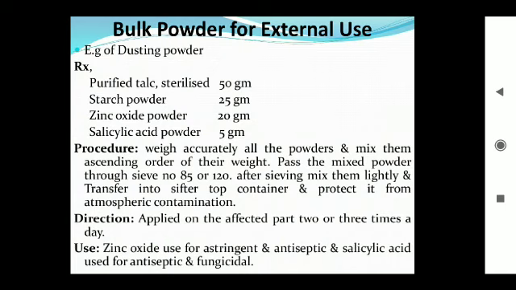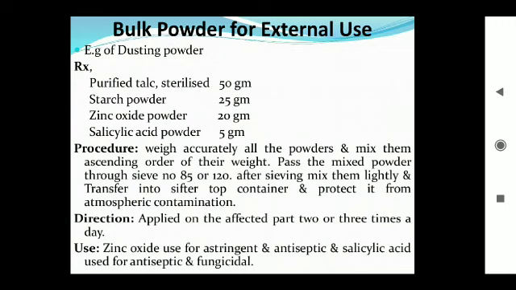Example of bulk powder, by observing the following formula. An example for dusting powder: it contains talc 50 grams, starch powder 25 grams, zinc oxide 20 grams, salicylic acid 5 grams. The major component present in a dusting powder is talc.